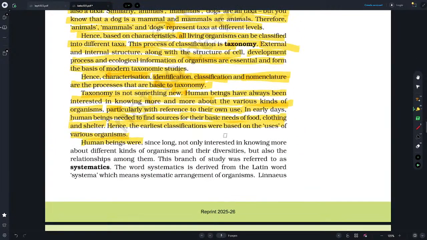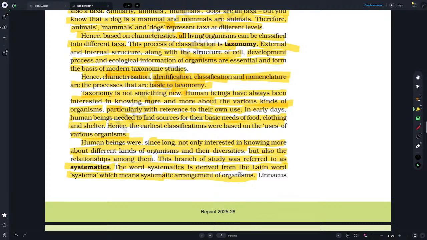Human beings were, for a long time, not only interested in knowing more about different kinds of organisms and their diversities, but also the relationships among them. This branch of study was referred to as systematics. The word systematics is derived from the Latin word systema, which means systematic arrangement of organisms.